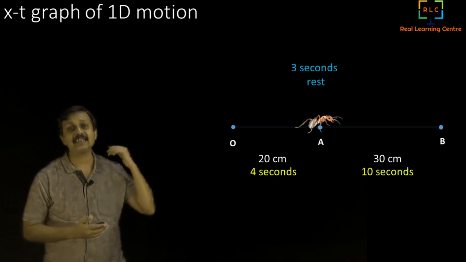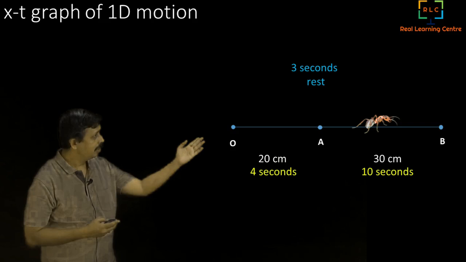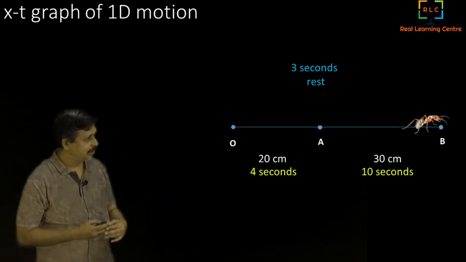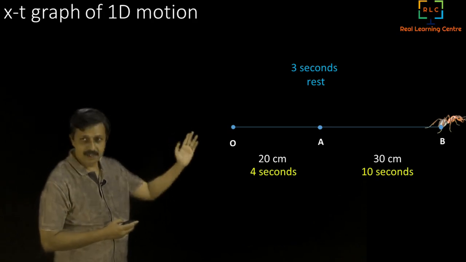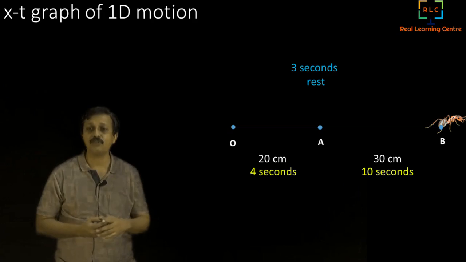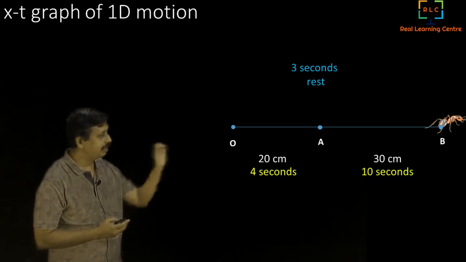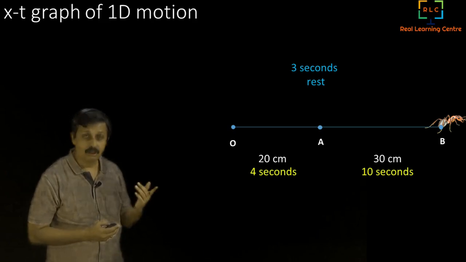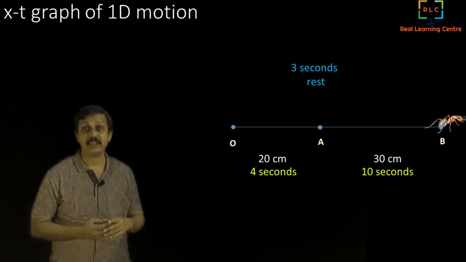Then it takes a 3 seconds rest, and then moves to point B in about 10 seconds. See it again: it goes from point O to A, covering 20 centimeters in 4 seconds, then takes a 3 seconds rest. After that, it again moves the next 30 centimeters within 10 seconds.